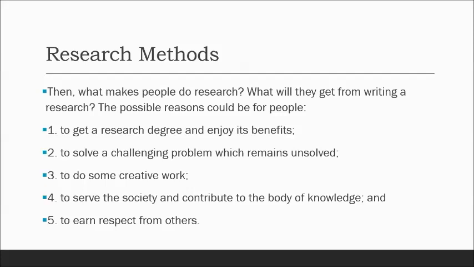Usually, class, say for example, you pursued your bachelor's degree, say for example, BS in Information Technology, one of the requirements is for you to come up with a capstone. Capstone is a research, a kind of research, no?